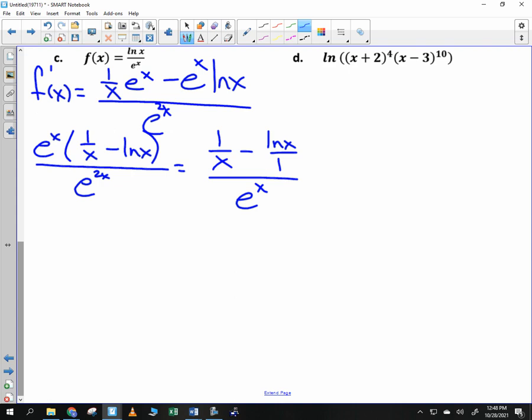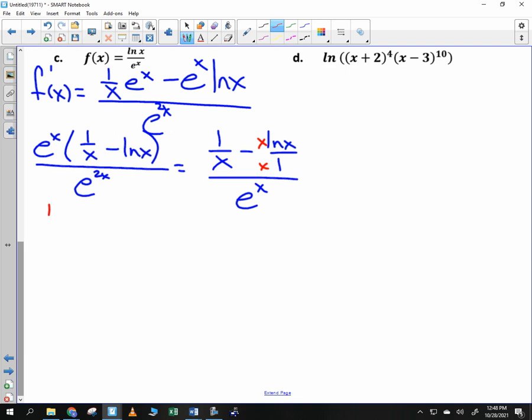I now need to deal with the fact that we have a complex fraction. So if I have a complex fraction, what do I have to do? Common denominators. So what's the common denominator? x. We'll multiply top and bottom by x of this natural log of x expression.